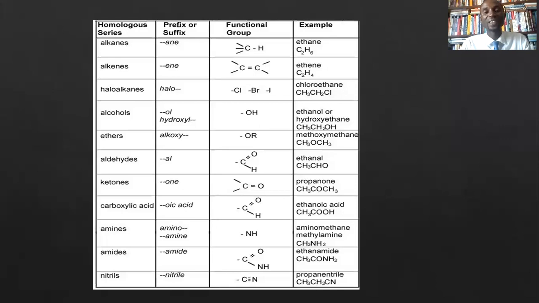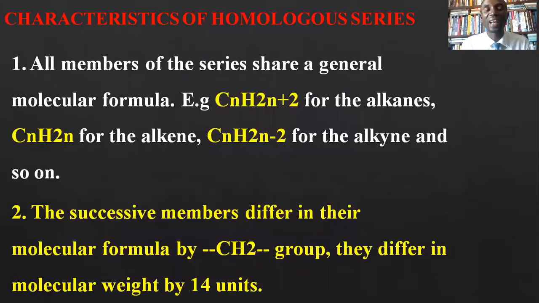And we say they have similar chemical properties because they have the same functional group. We can see their functional group, what makes them similar. Alkane, they are all single bond, alkene, double bond, and all of that. All right, let's move to their characteristics.